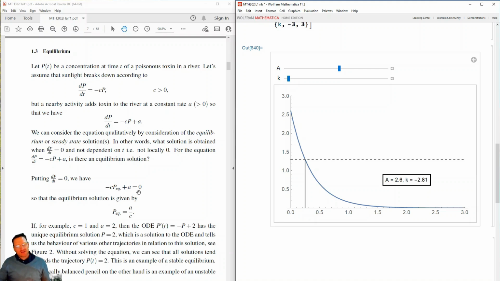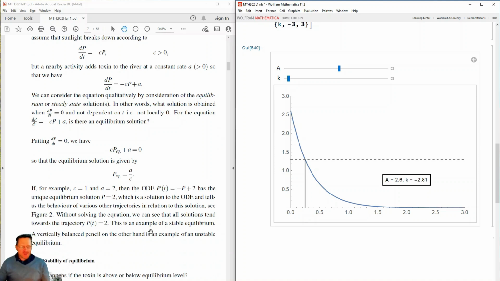Okay, so we can take the a over to the right-hand side here and then divide by minus c. So we have minus a over minus c, which is a over c. So our equilibrium value of p is a over c. So for example, if c is equal to 1 and a is 2, then the ODE, p dash of t is minus p plus 2, has the unique equilibrium solution p equal to 2.